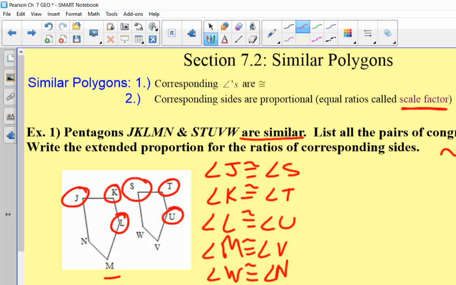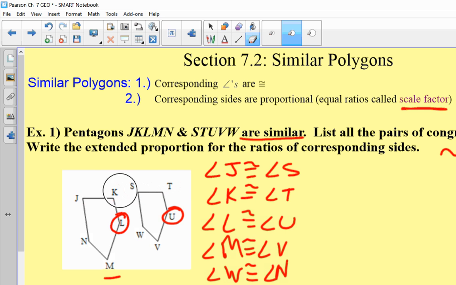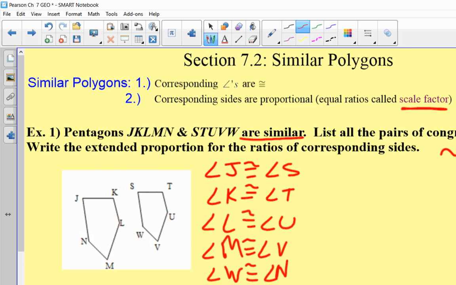Okay, so that's what that means. So when we talk about sides in this case, sides are going to be similar to each other, but not congruent. All right, so once again, I always start with the figure on the left, and I go around, I can go counterclockwise if I want, doesn't matter.